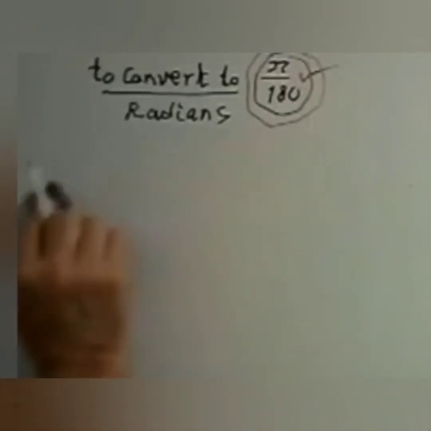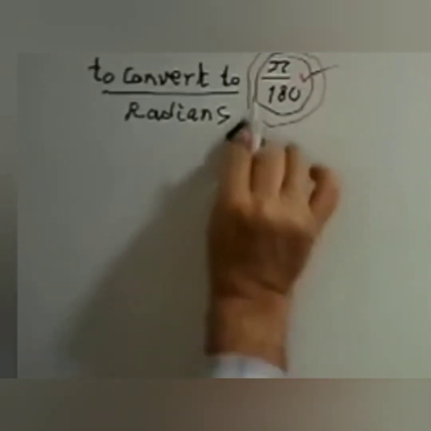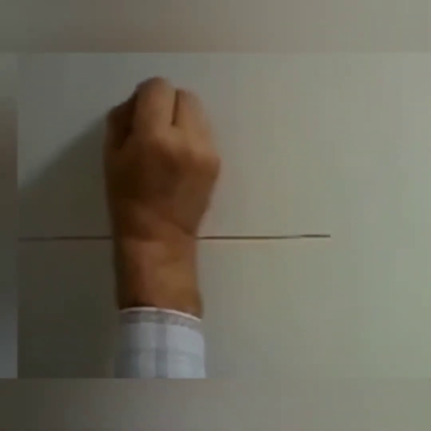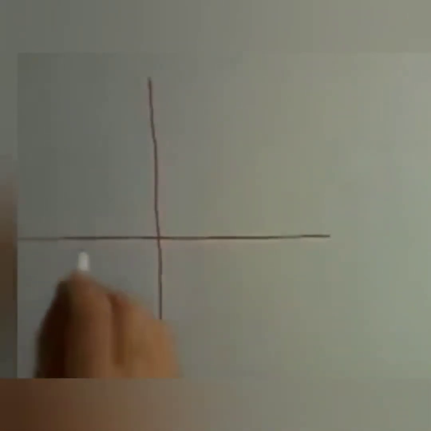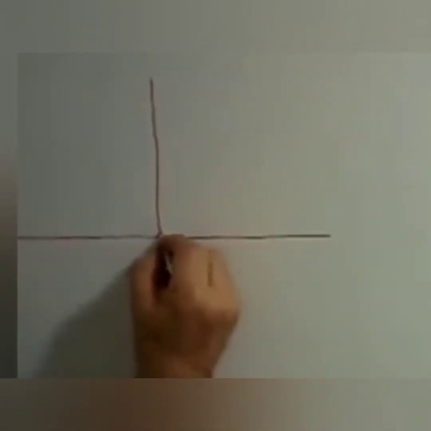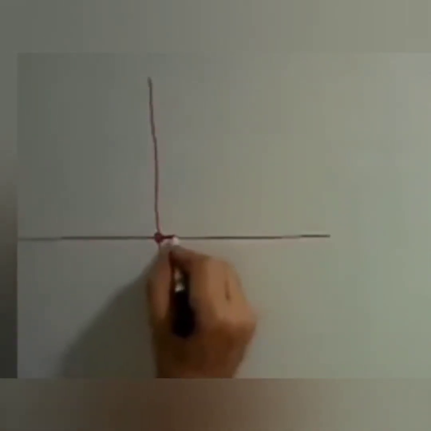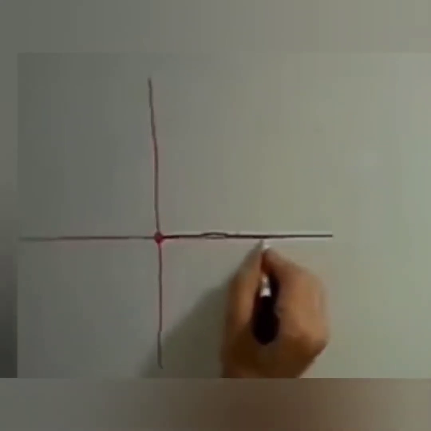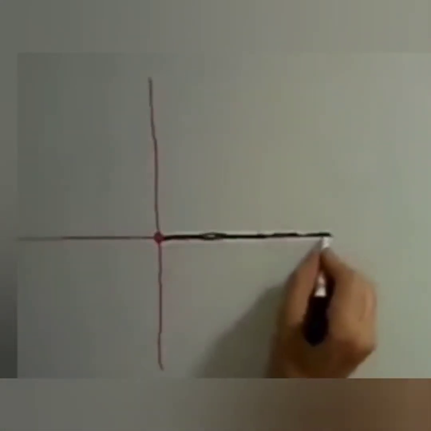each angle of those. The standard position, you remember, we need to draw the x-axis and the y-axis, and when you draw the angle, you should put the vertex of the angle on the origin point, and put the initial side on the positive side of the x-axis.